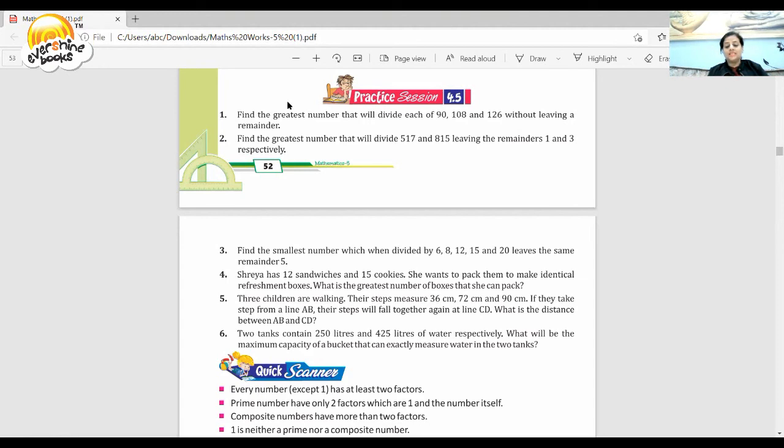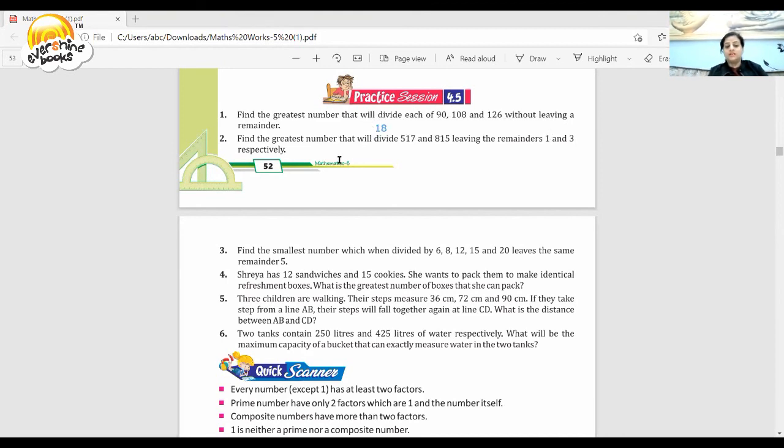Greatest is about HCF and smallest is all about LCM. So find the greatest number that will divide each of 90, 108 and 126 without leaving a remainder. Means it is totally divisible by 18.